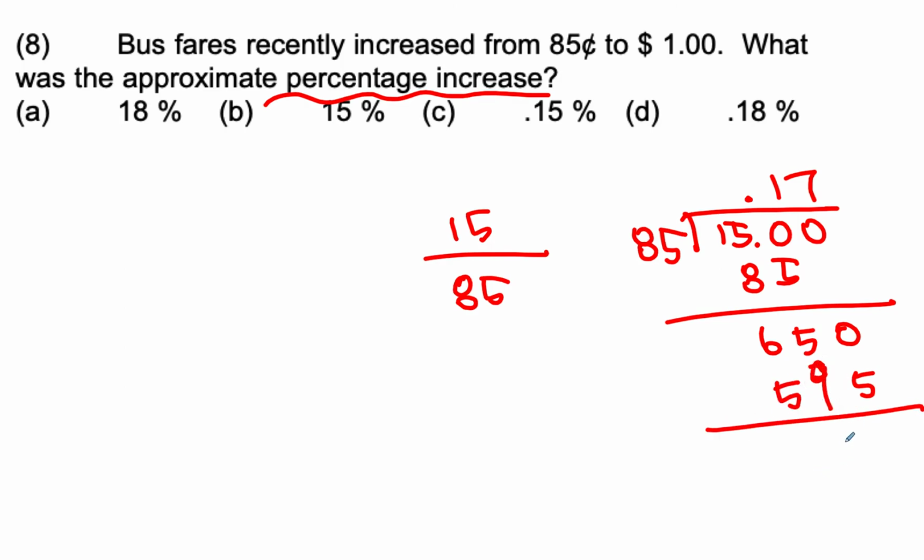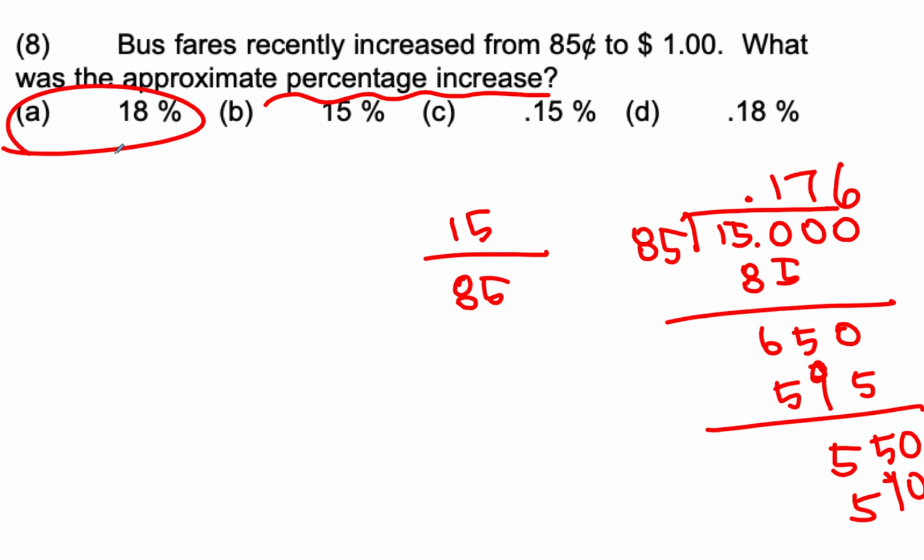Next one is about 6 times. So we get 0.176. That means it's about 18%. So choice A becomes the answer.